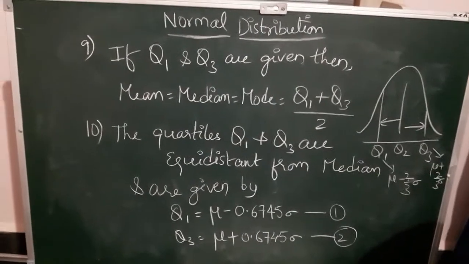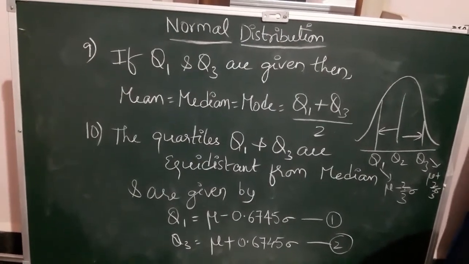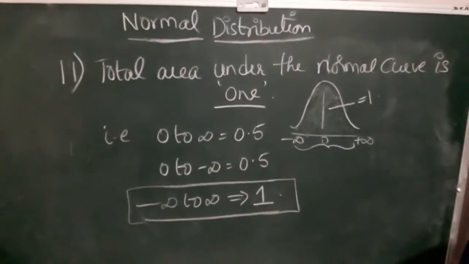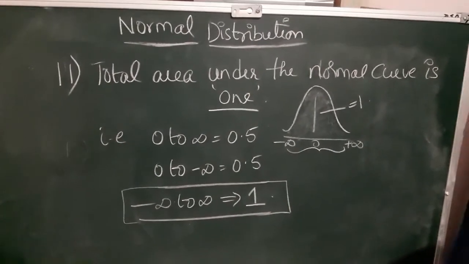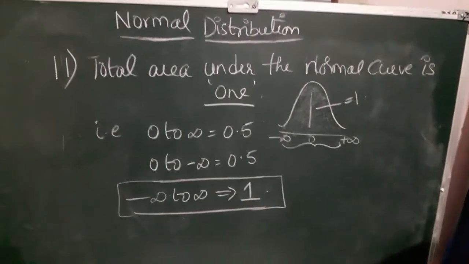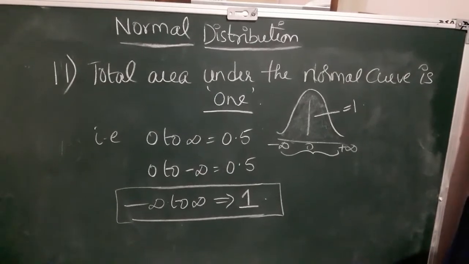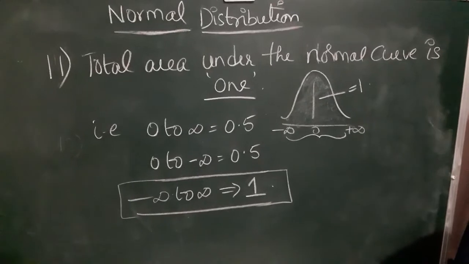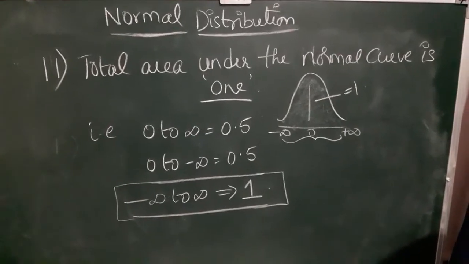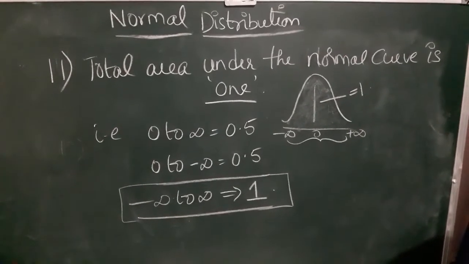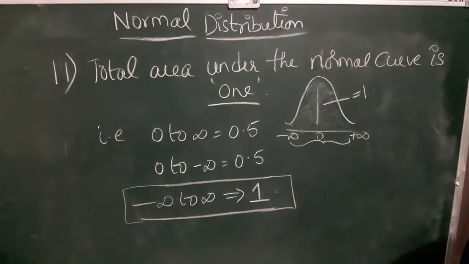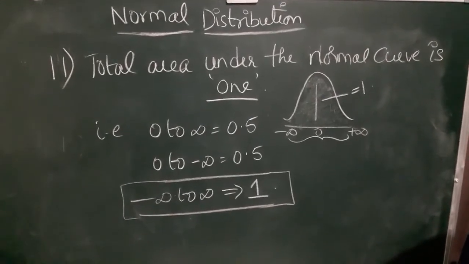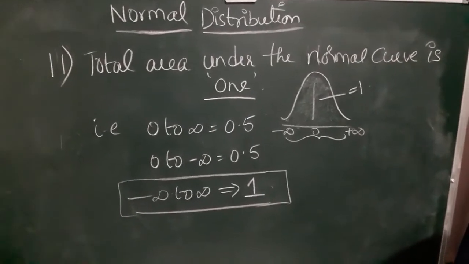Let us see two more properties of the normal distribution. Now look at the next property, property number 11. The total area under the normal curve is always equal to 1. On the right side I have drawn the normal curve. Generally in a normal curve, the values lie within plus or minus 3 sigma limits, isn't it?